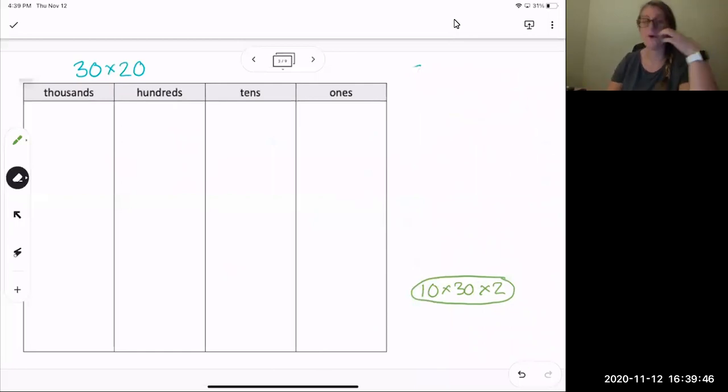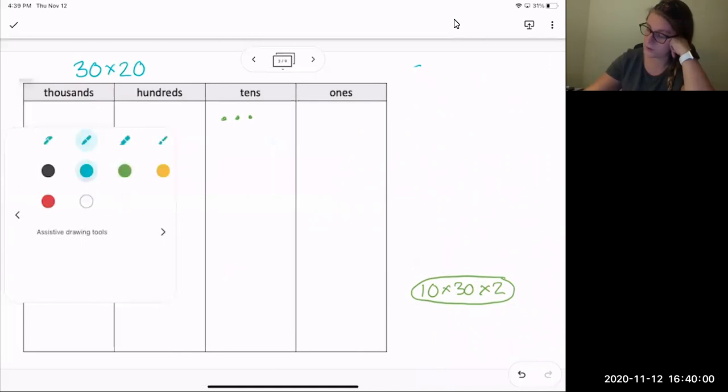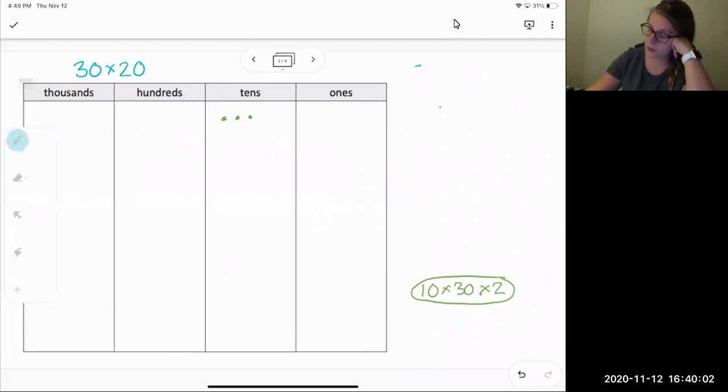We're focusing on 10 times 30 times 2. We would start with 3 tens instead of 2 tens like we started with earlier. Actually, let me rewrite what we started with earlier: 10 times 20 times 3. This is how we're going to look at how they're different. Now, 10 times 30 times 2.